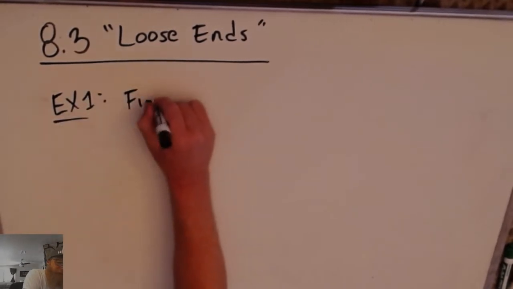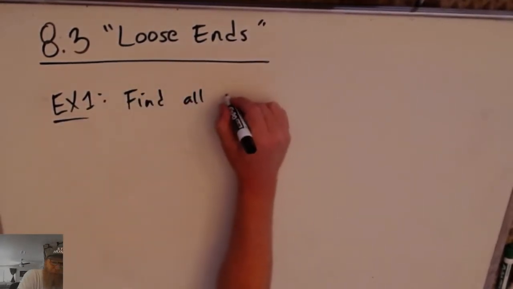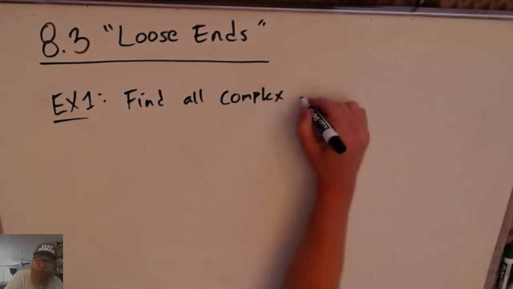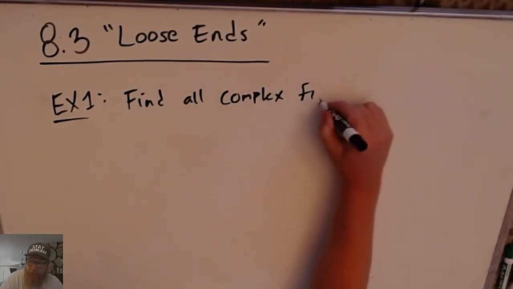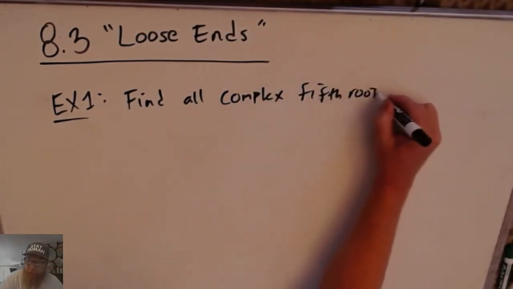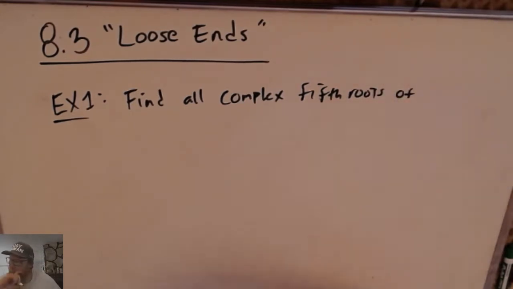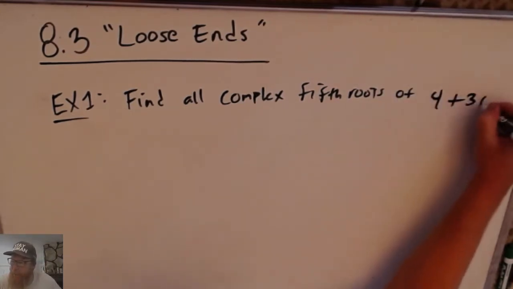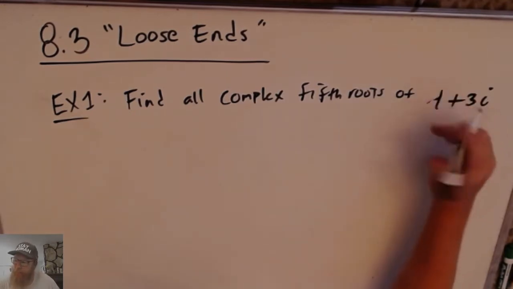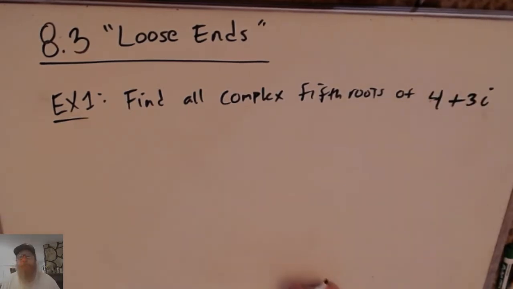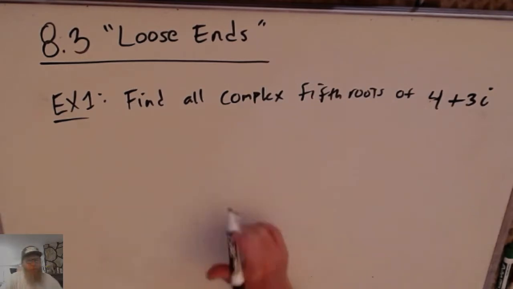So I want you to find all fifth roots. Of course, these are complex numbers. Of a complex number, how about 4 plus 3i? Okay, so quick review, a refresher.